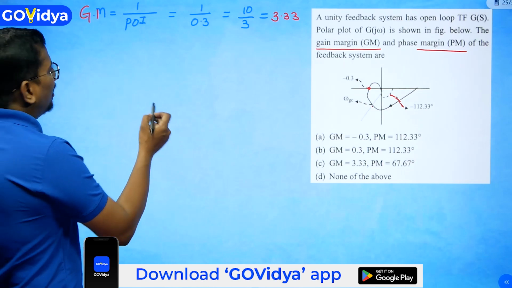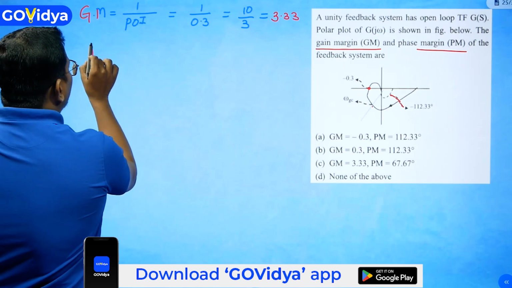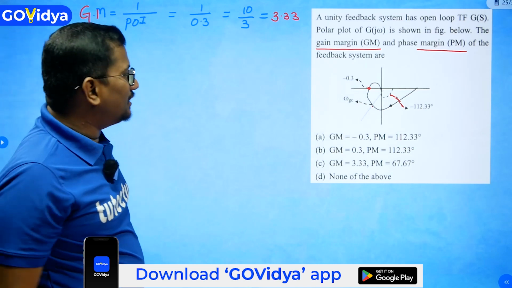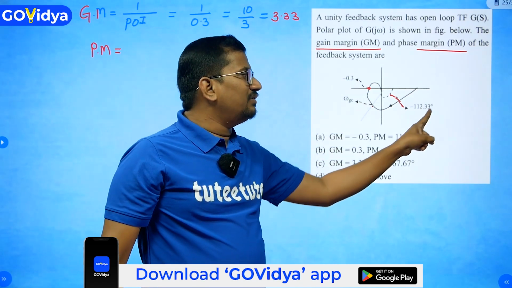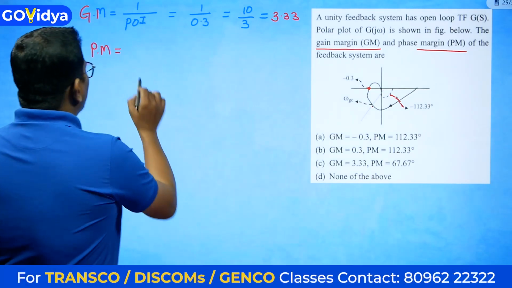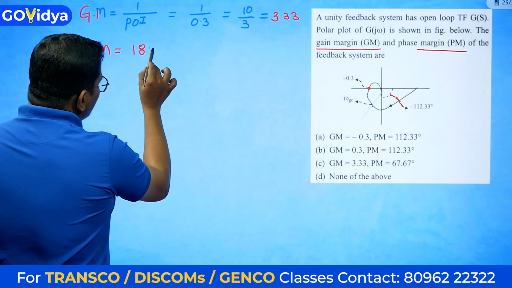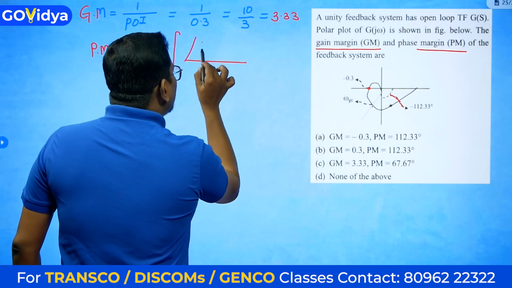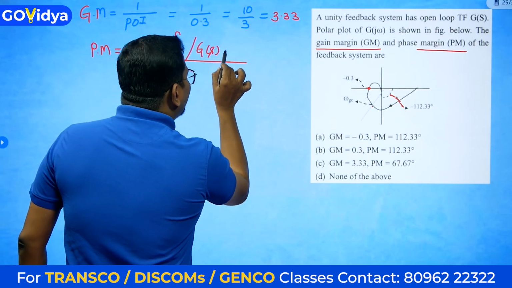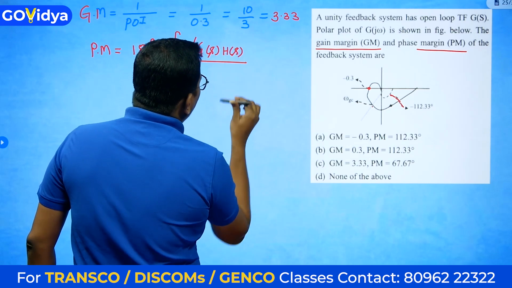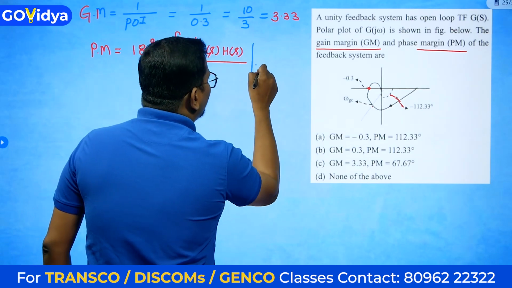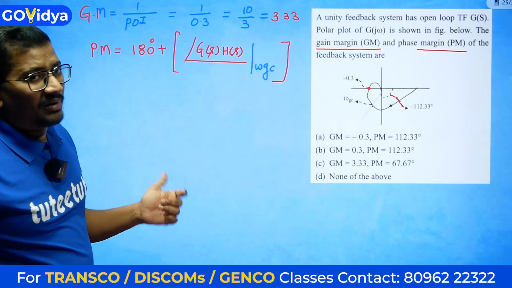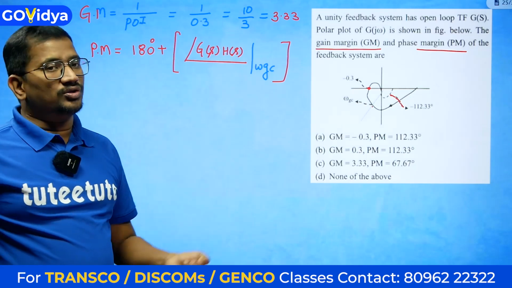Phase margin is equal to 180 degrees plus angle G(s)H(s) at omega GC. Very important: gain margin we are going to calculate at the phase crossover frequency.